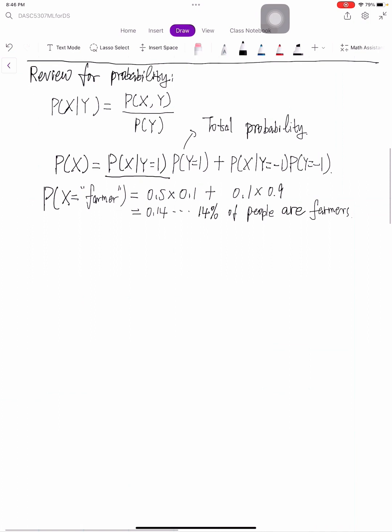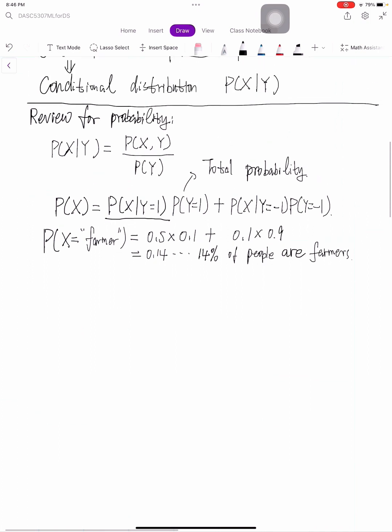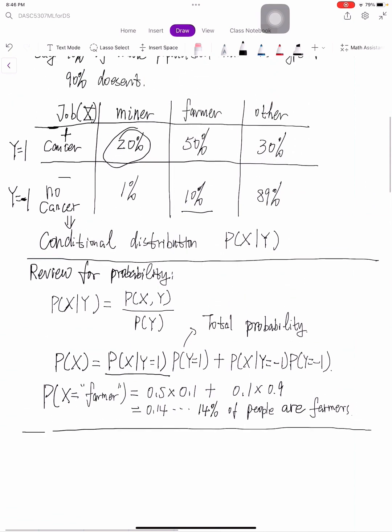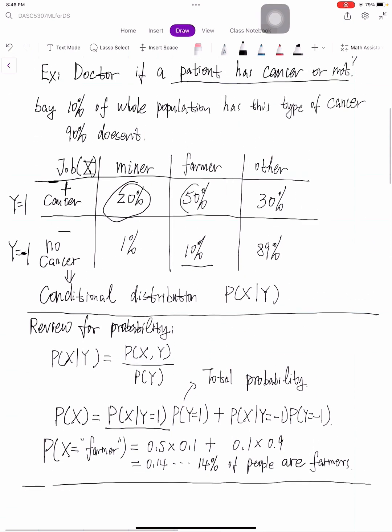So now we understand the conditional probability and the total probability. Now we come back to our original question, for a new incoming patient. By the way, this 50% is not the probability we want.